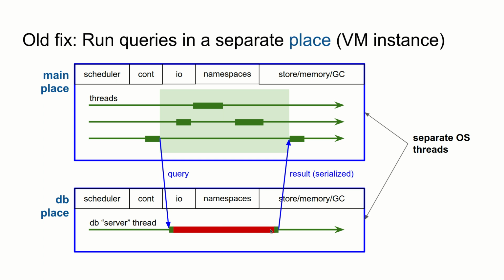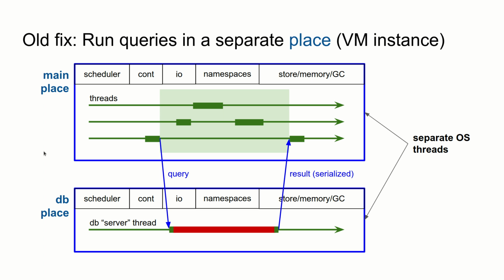When the FFI call completes, the database place serializes the results and sends them back to the original place. Remember, there is no shared memory, so we have to send this as a message. It sends them back to the original place, which deserializes them and then continues computing.